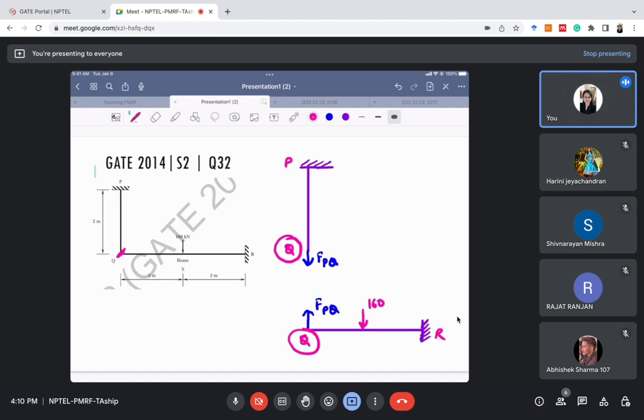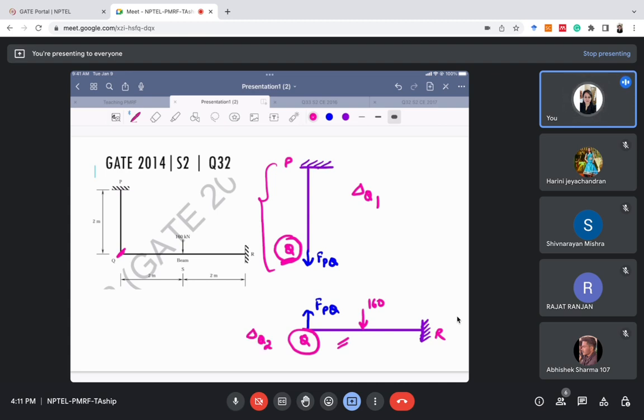So the compatibility condition which we will use here is the deformation of Q. Let us call the deformation in this member delta Q1. The deformation of this point Q for this structure, let's call it delta Q1. For the second structure, that is this beam, let us call the deformation at Q delta Q2.